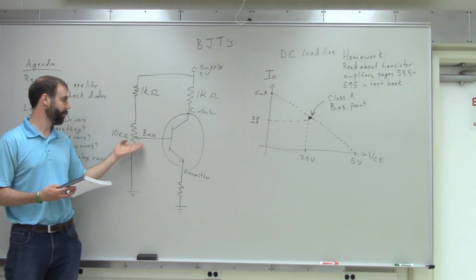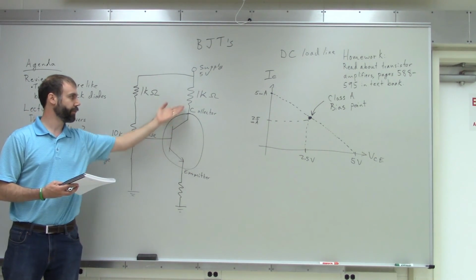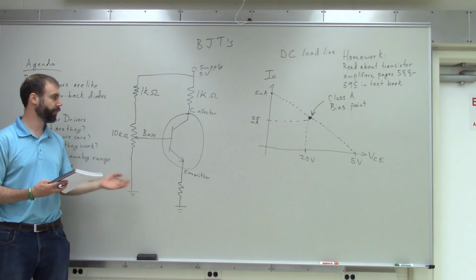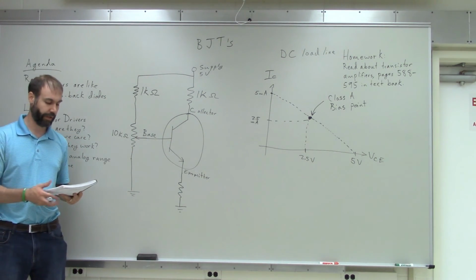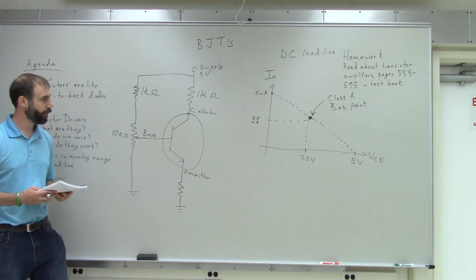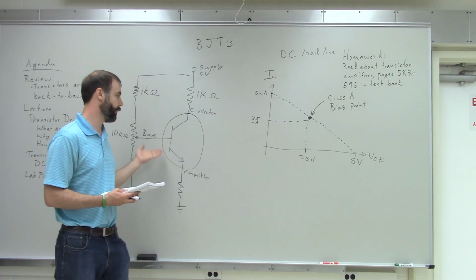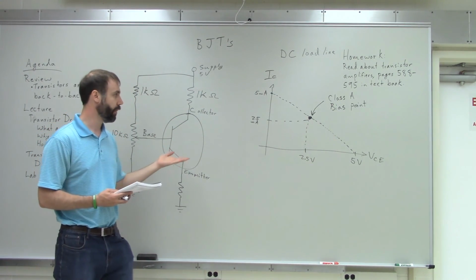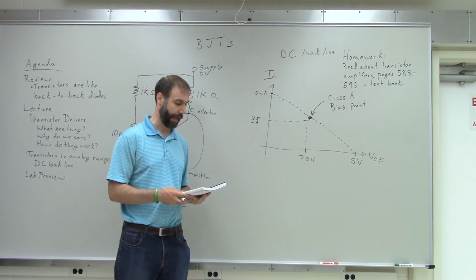Next, you're going to set up the voltage at the base so that the current is entirely free to flow through the transistor, and that's called saturation. So that's when the transistor is entirely on, and you're going to measure the current and the voltage through the transistor there as well, and you're going to plot those 2 points on a graph in your lab book.